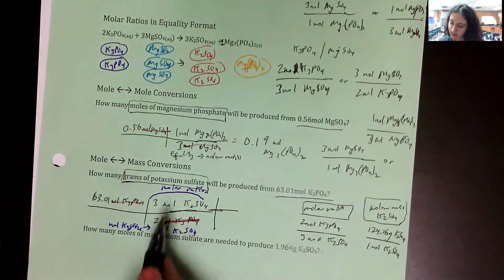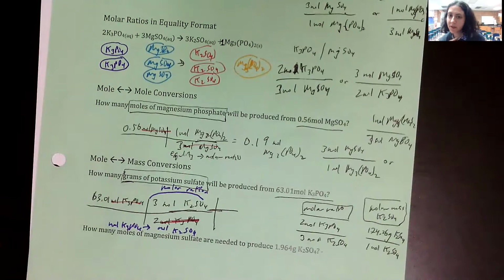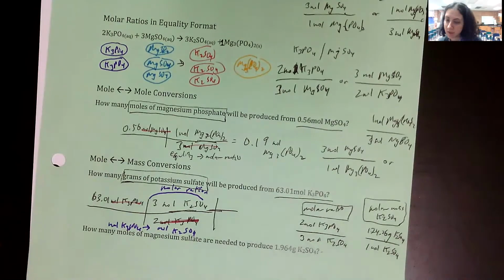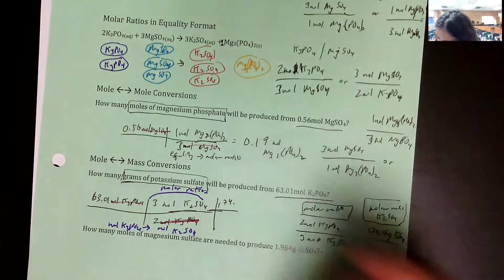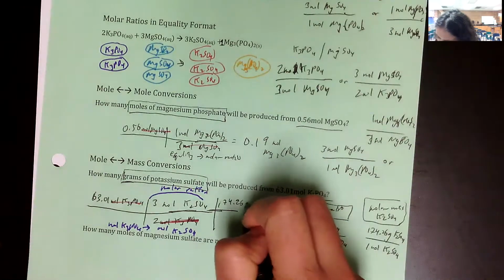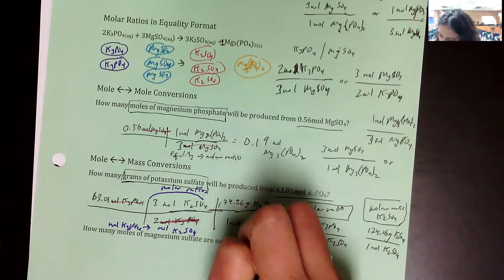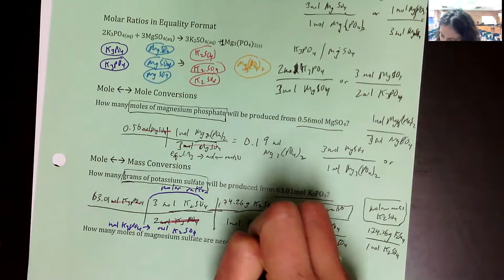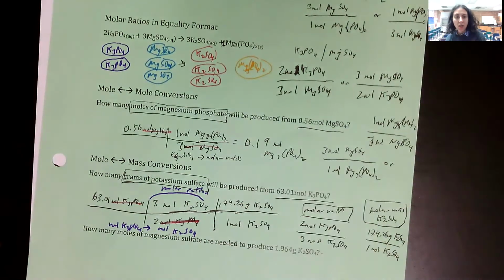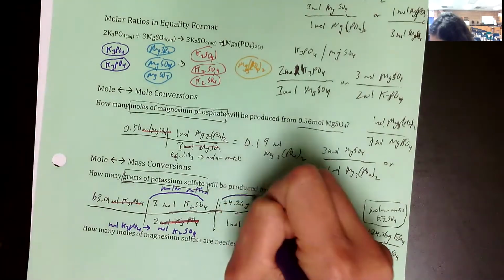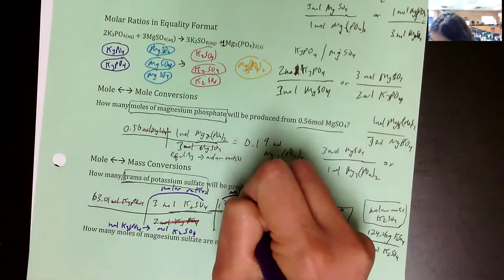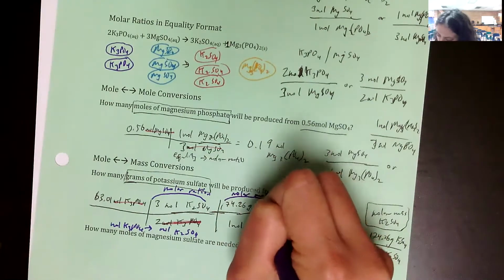The next step is moles of potassium sulfate to grams of potassium sulfate. Well, I think we're going to use our molar mass right here. Okay. So this step, this is our molar mass. That's the name of this equality.